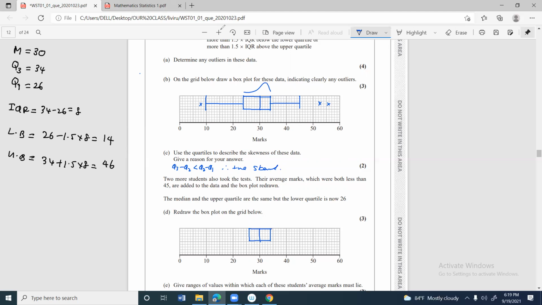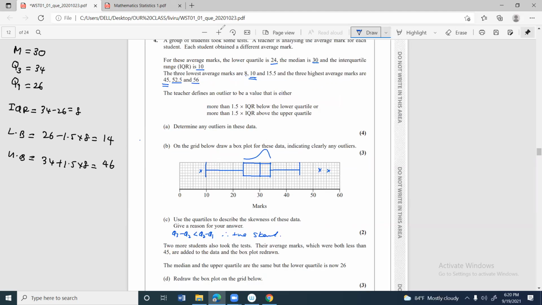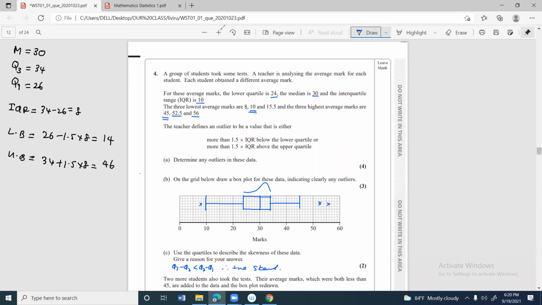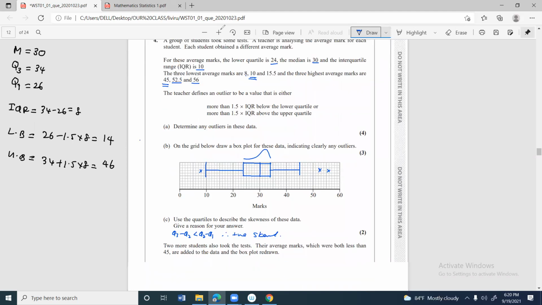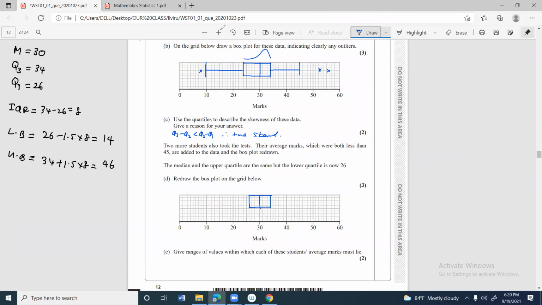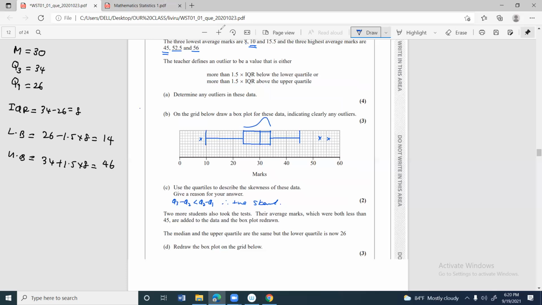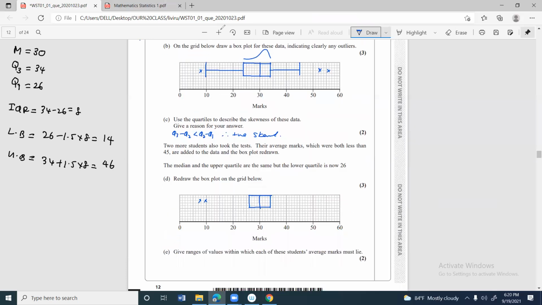Now check the values which are less than 14. The figures less than 14 are 8 and 10, and both are lesser than that. Therefore, we can mark these two as outliers, and the next largest value is 15.5, which lies within the lower bound.